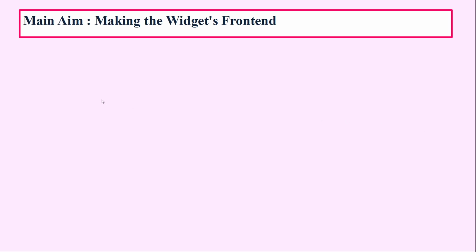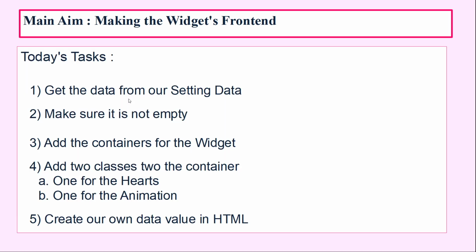Okay, so our main aim is to make the widget front end. Our 5 tasks today: get the data from the WordPress setting data, make sure that the data is not empty, and add the containers, so we're going to put some HTML in our front end widget. For the heart container, I want 2 classes on that, so you can assign 2 classes to one container.